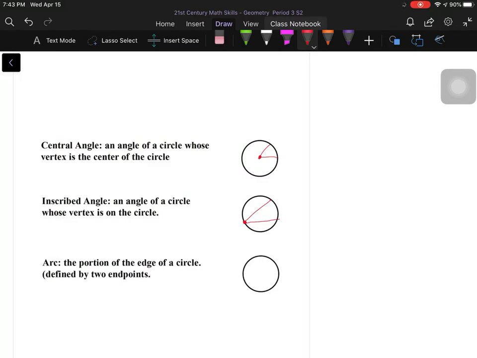And then the arc, if I draw the two examples that we have there, the arc is formed by where the angle intersects the circle. So that's going to be the arc. It's the actual portion of the circle.